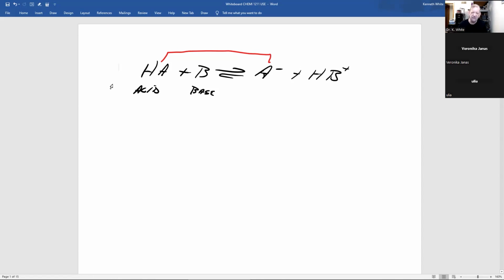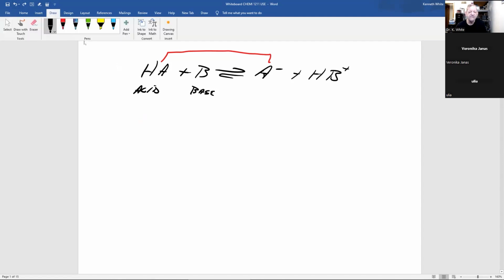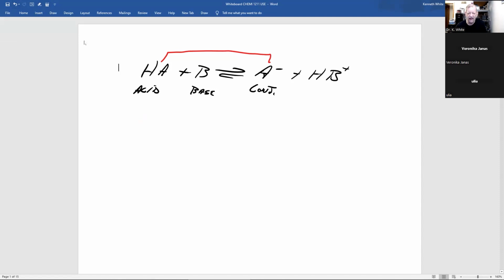Forget about pluses and minuses. And HA is the acid. And everything on this side, I'm going to abbreviate, are conjugates. This is the letter C.